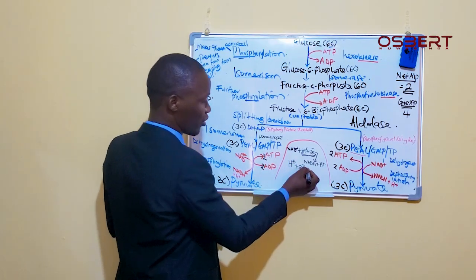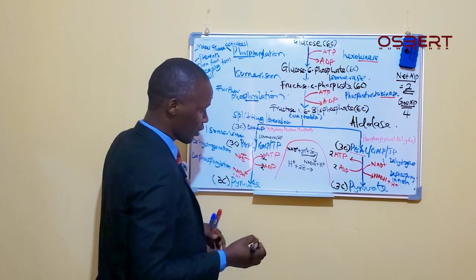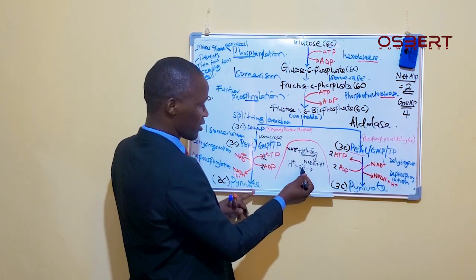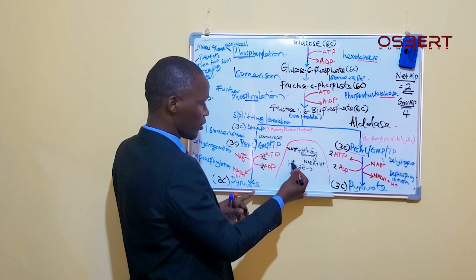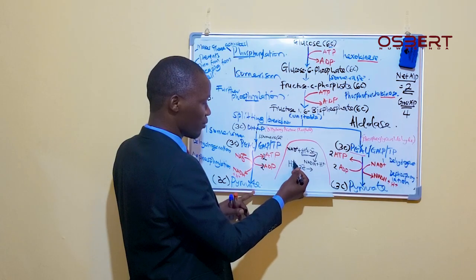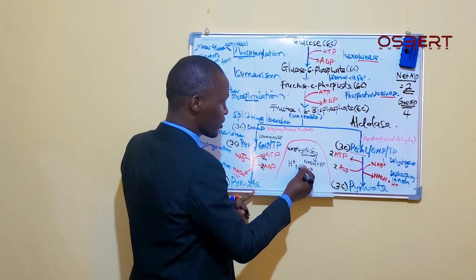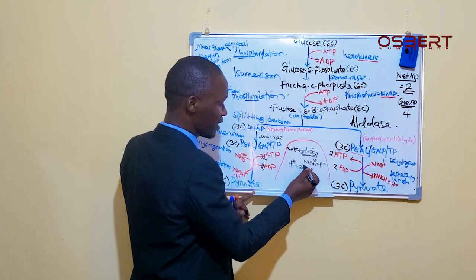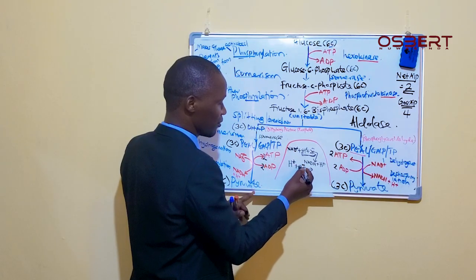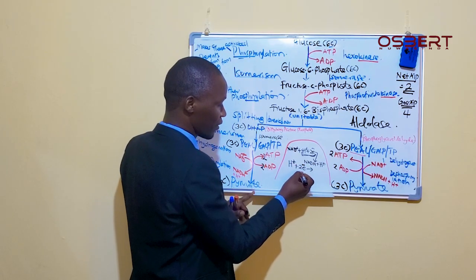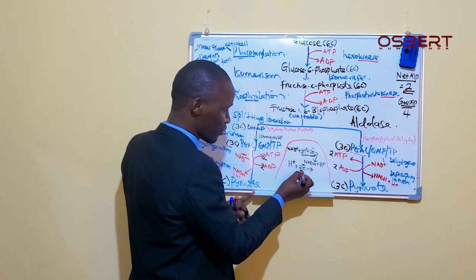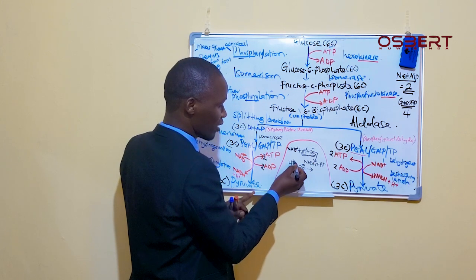When it combines with the 2 electrons, of course, this negative charge will first cancel one charge. One electron will first cancel the one positive charge here. Because one positive has cancelled with this negative electron, now you remain with the negative here. You have two negative charges and one positive charge.